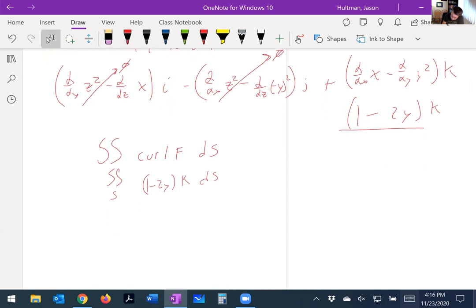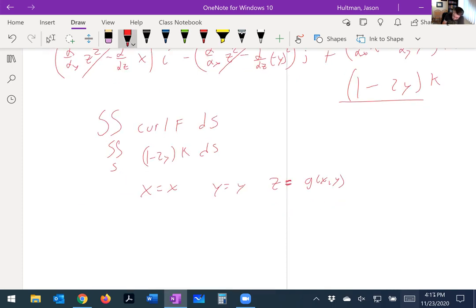And so what we can do is what we did in that homework problem, where we parameterize this surface, where x is equal to x, y is equal to y, and z is equal to g of x, y.